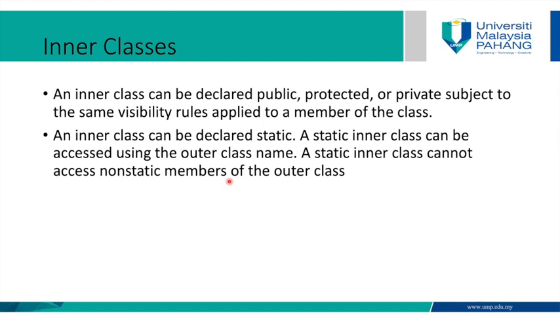Also, an inner class can be declared public, protected, and private, subject to the same visibility rules as the members of a class. An inner class can also be declared as static. A static inner class can be accessed using the outer class name, and it cannot access non-static members of the outer class.